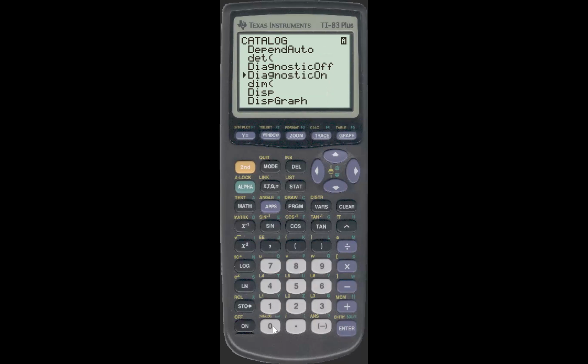So go to second catalog and you have to scroll down to diagnostic on, and hit enter when you see it. Okay, so when you do that, you hit enter there. If you do the same calculation again, you're going to get a bunch of other stuff, R squared and R.